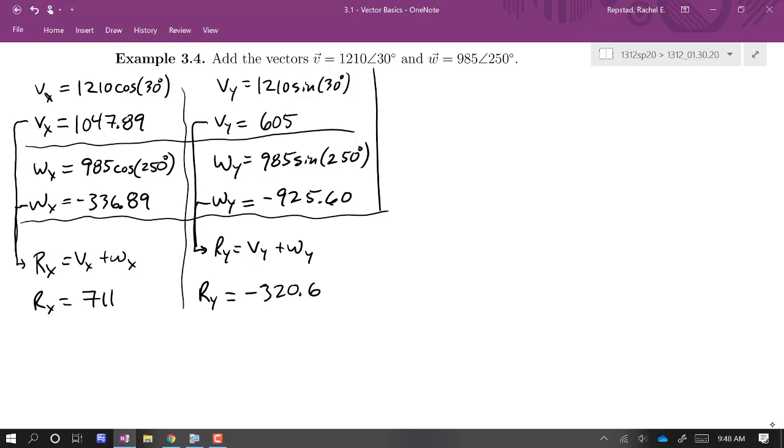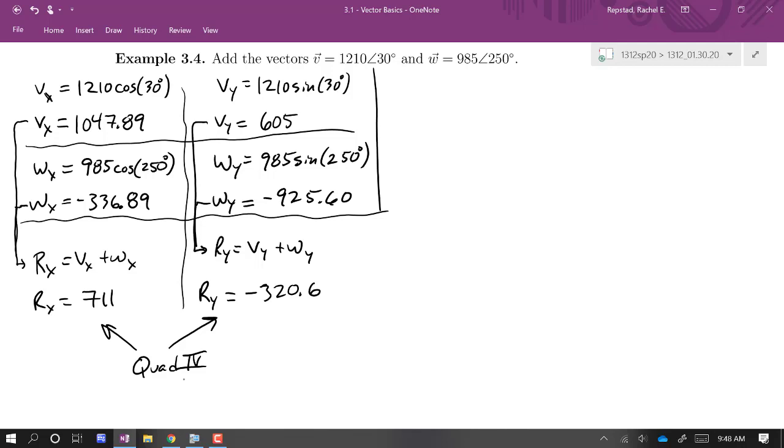Okay. We have the components. We know where our vector ends. What comes next? Finding the angle and magnitude. Yeah, so we need magnitude and direction. What quadrant is this in? 4. Yep. So that means that when we find the angle, we're going to have to subtract a reference angle from 360.